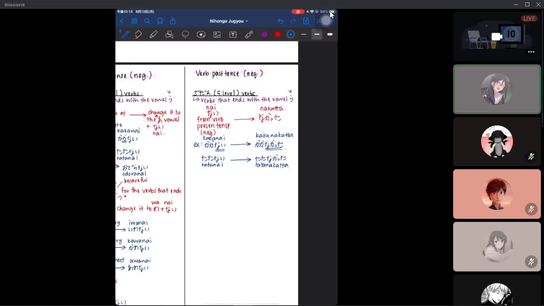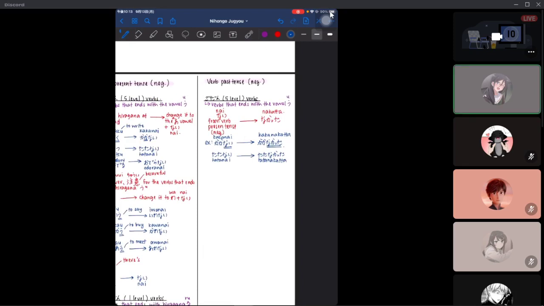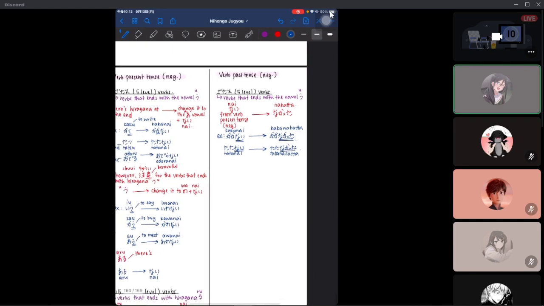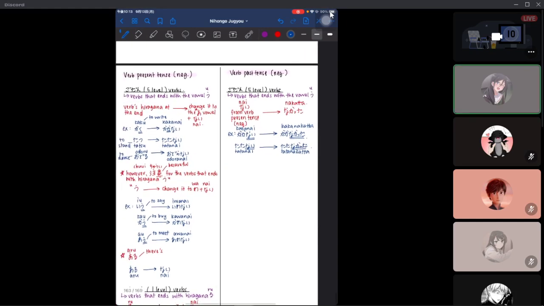Yes, tatanakatta. The nai here, you change it to nakatta over here. So we have odoranai. If it's odoranai, what will it become? Odoranakatta.